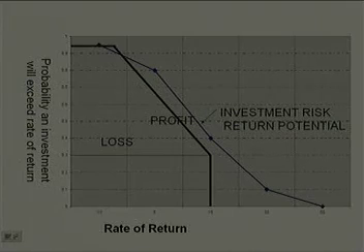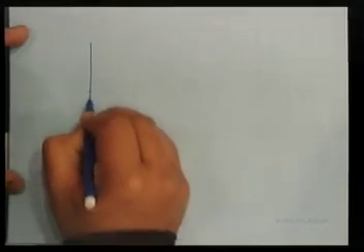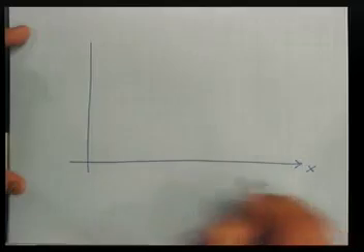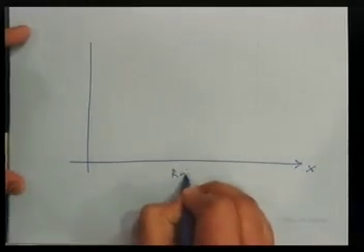For those of you who are not able to see the slide, I will try to do this on this piece of paper. So, on the x axis, I have plotted rate of return.